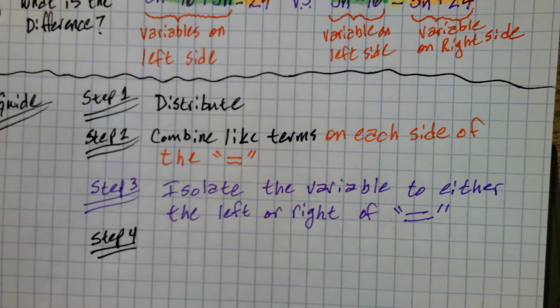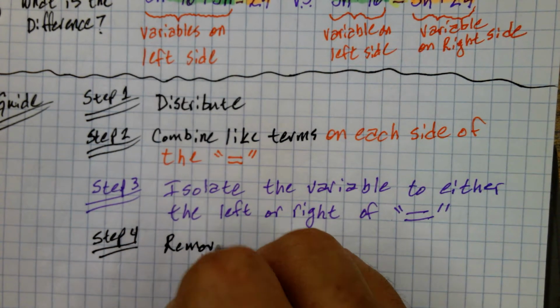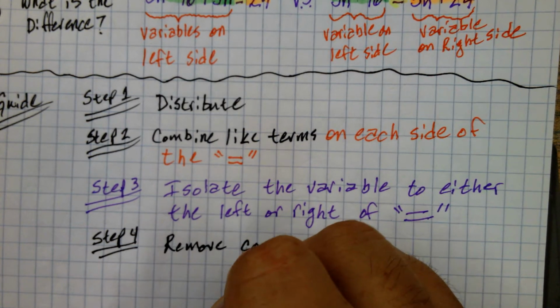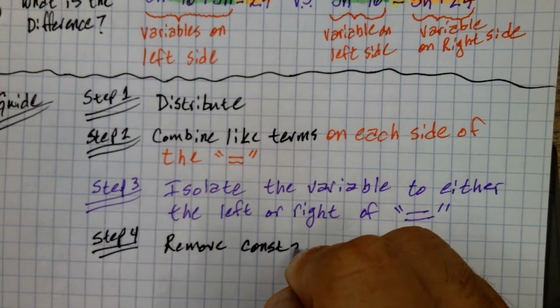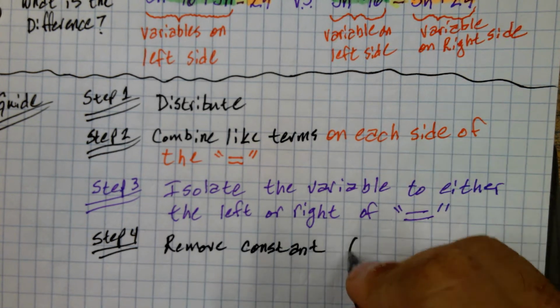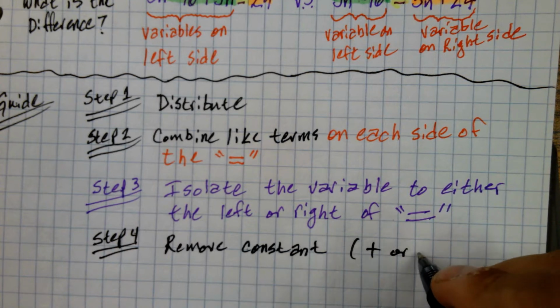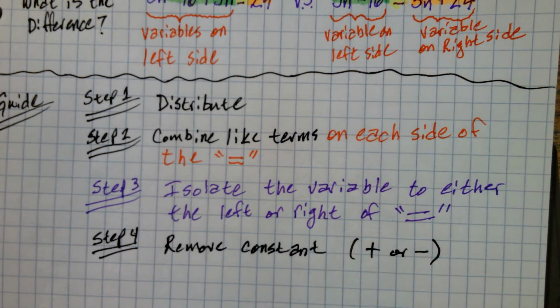So our new step 4 is remove constant by adding or subtracting. I said dividing.